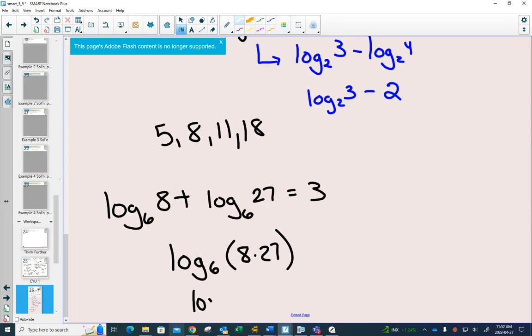And 8 times 27 is 216. And 216 is 6 cubed, so the answer to this would be 3. But hard to see that.